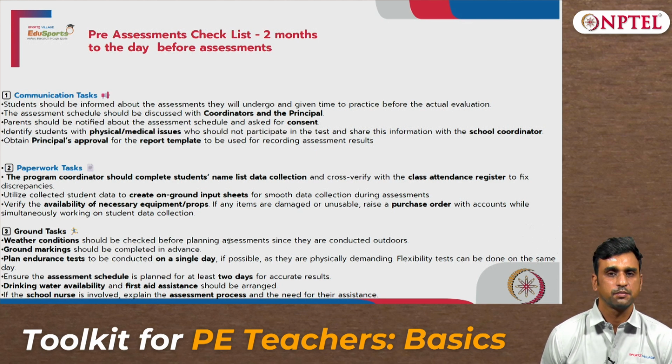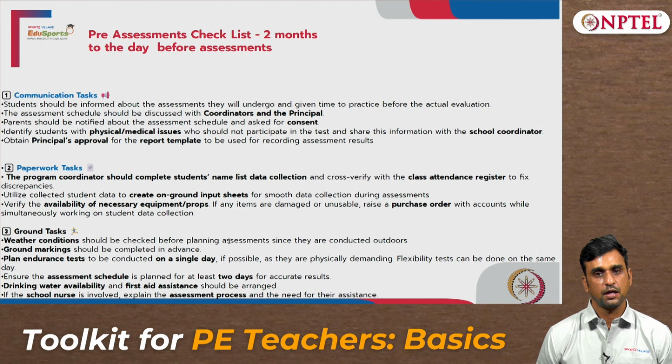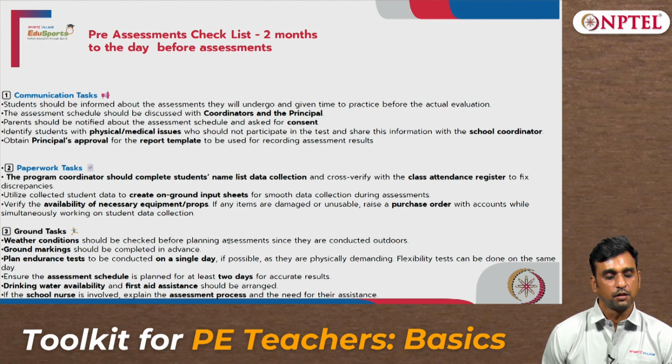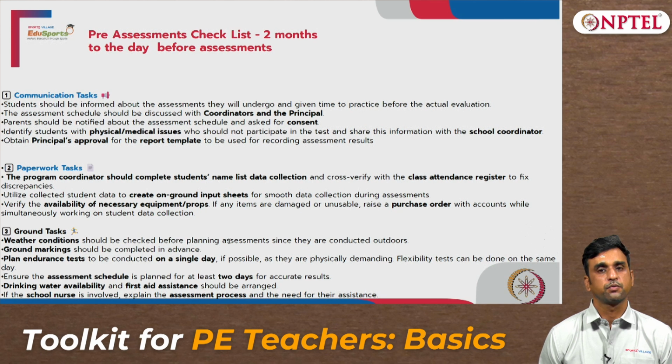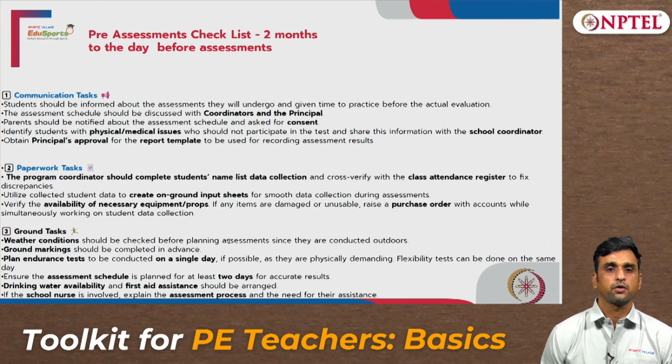There could be certain administrative problems which might come up, so you need to ensure that this is the actual name list, verified by the coordinator, and the student data. This name list will help you create the on-ground input sheet in which you will record the scores or your observation for each student.